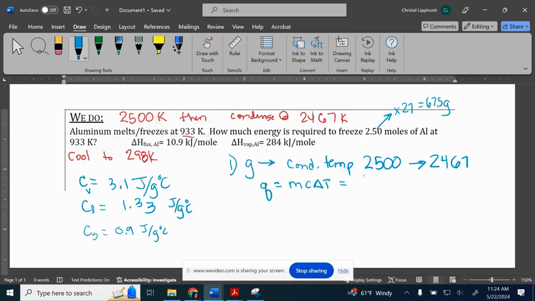All right, so my mass is 67.5. My specific heat for this, we're going to say is 3.1. I'm hoping that's what it is. It's going to be close. And then I need to do a delta T. So how much did this lose to get down to here? Well, 2,500 minus 2467. I'm at 33 degrees Celsius for a difference. Okay.